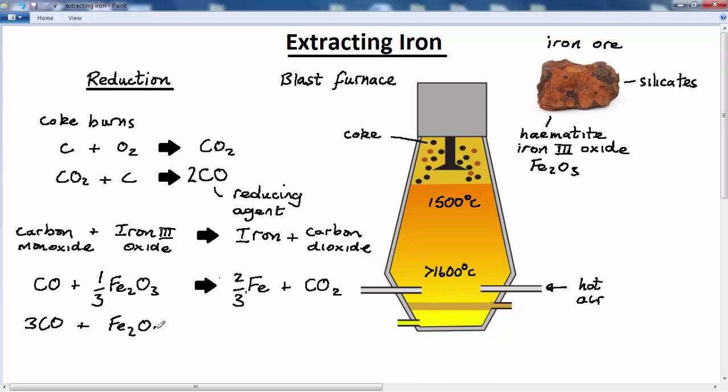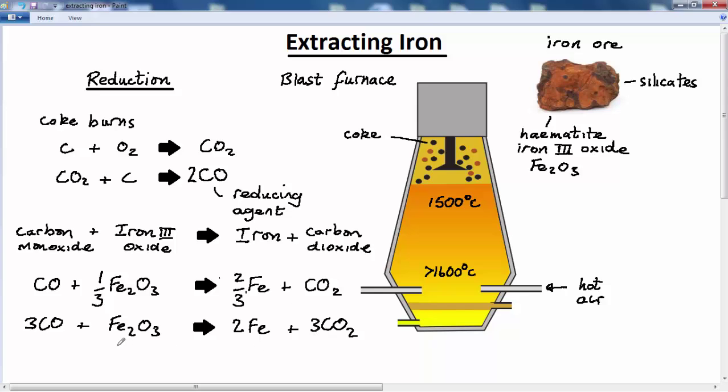We've got rid of that third there. We multiply 2/3 by 3, that gives us 2 iron there, and 3 carbon dioxides. Okay, and now our equation is balanced.